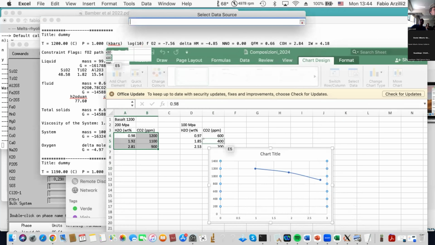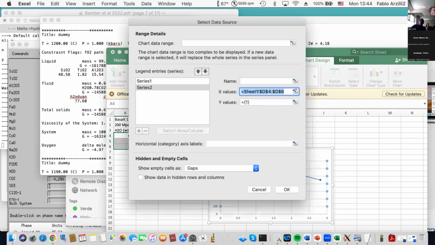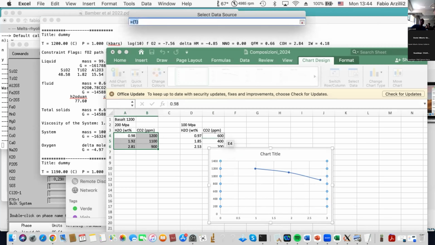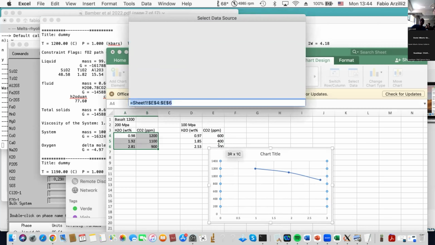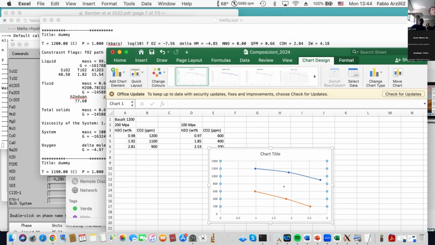Let's do X as CO2, and this is still 100. So basically, this is the curve of 200 megapascal. This is 100. This is CO2 in ppm. This is water in weight percent. So we reproduce the curves that I showed you before.